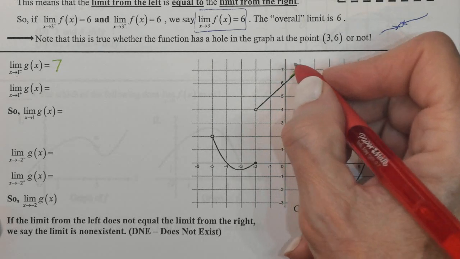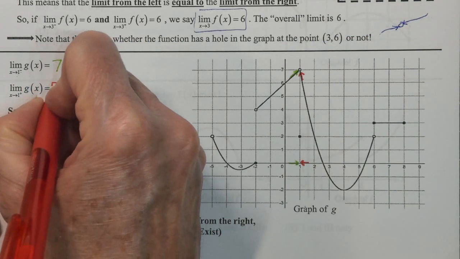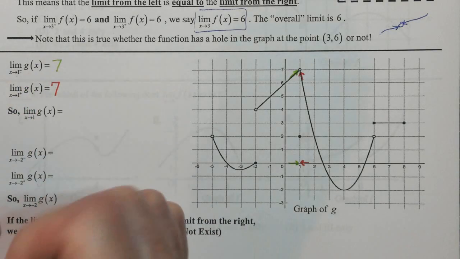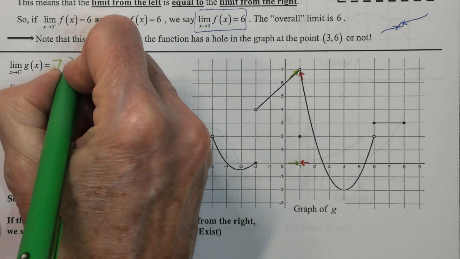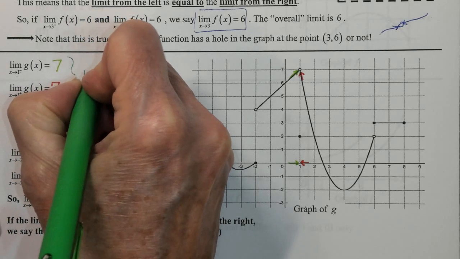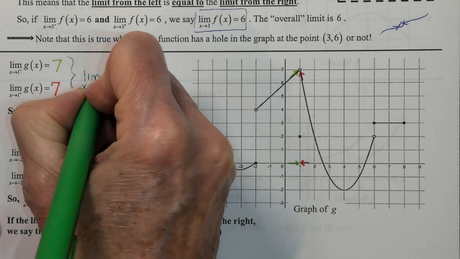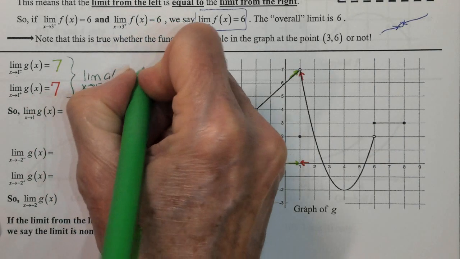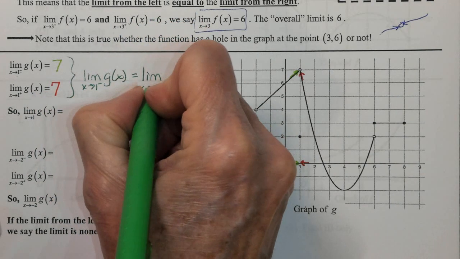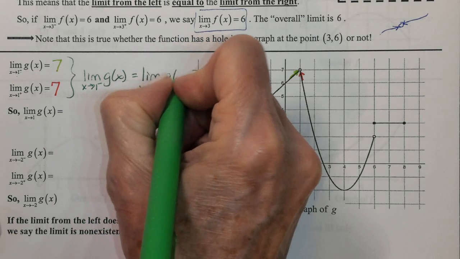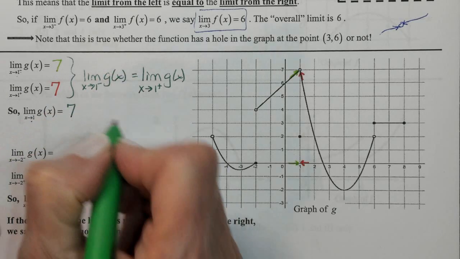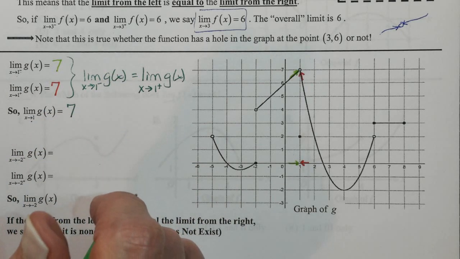It is still approaching 7. The limit from the left is equal to the limit from the right. In fact, let's write that down. The limit from the left of g of x is equal to the limit from the right. Therefore, the overall limit is that value. Okay?